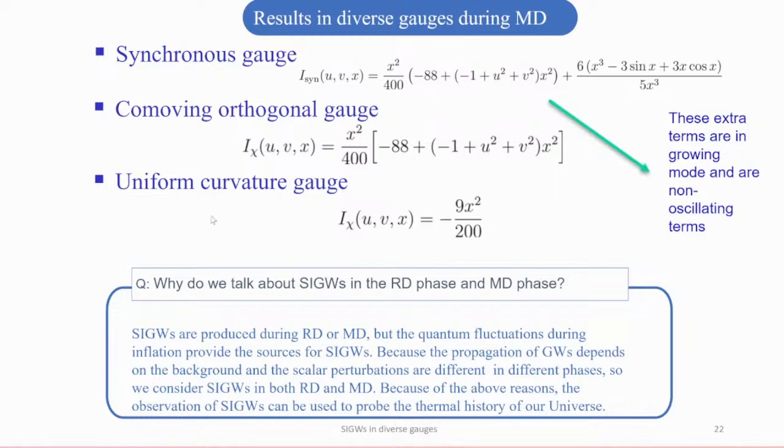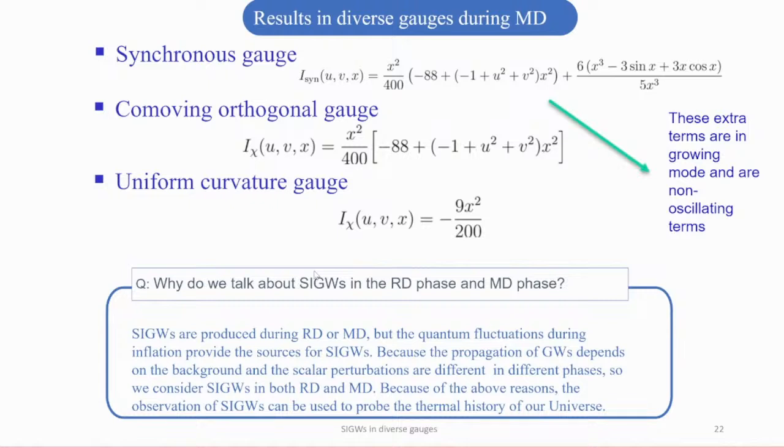So here the question arises: why do we talk about this radiation phase and matter domination phase? Secondary waves are produced during the radiation and matter domination phase, but the quantum fluctuation during the inflation provides the sources for the scalar induced gravitational waves. Because the propagation of gravitational waves depends on the background, and the scalar perturbations are different in different phases.